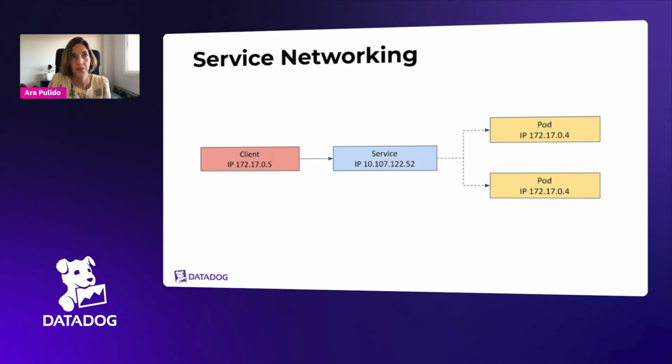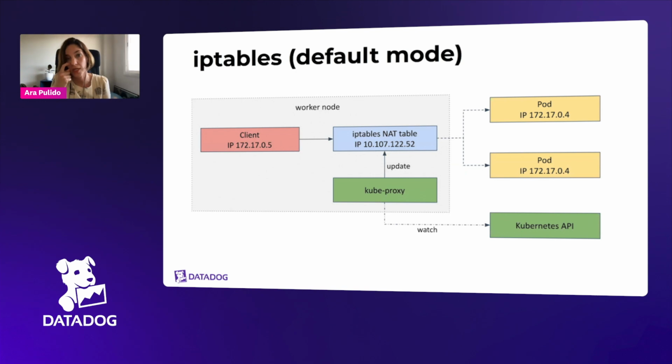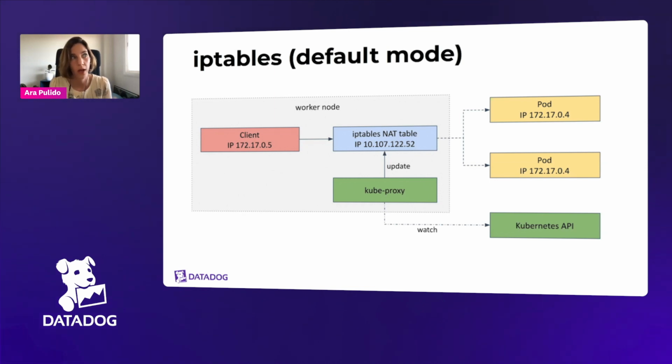And this is actually implemented by Kubernetes itself through a component called kube-proxy. And kube-proxy has two modes of working. The default one, and because it's the default one, is the most used, especially when people start, is using iptables. And the way it works is that kube-proxy is one of these components that we were mentioning at the beginning that are part of the worker nodes.